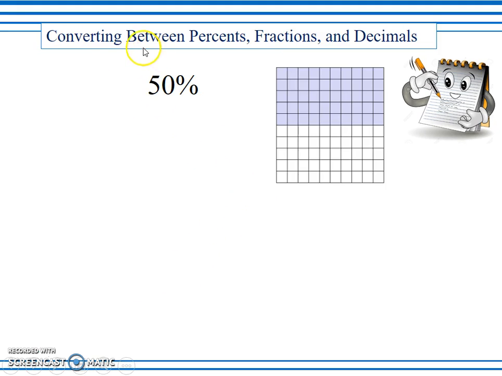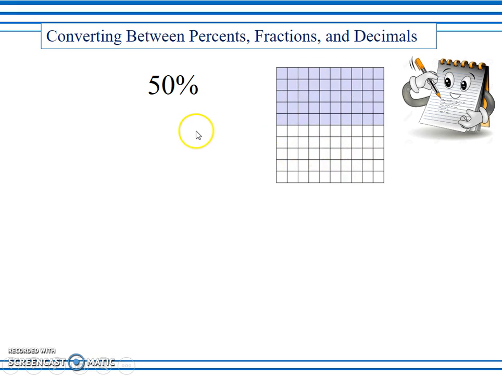Here's an example. We're going to convert between percents, fractions, and decimals. Here we have 50%. Here's our percent sign. And we have our visual of 50 squares shaded out of 100 total. So this is 50% of the squares shaded.